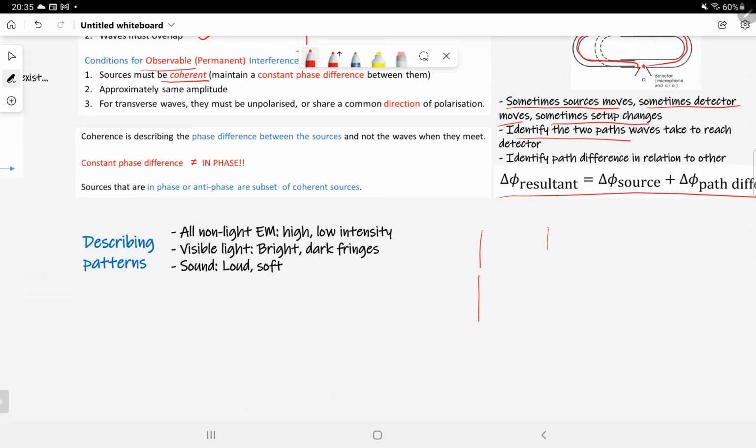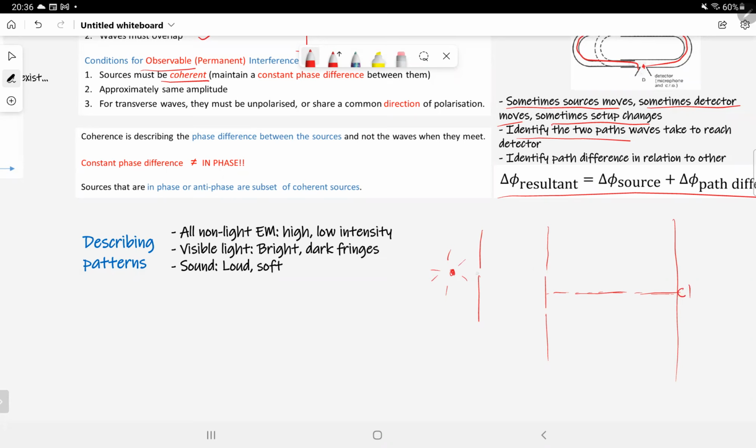Suppose you have a source here, and you see the screen is like here. You expect that the center will be a bright fringe, so you expect here to be a constructive interference, CI.